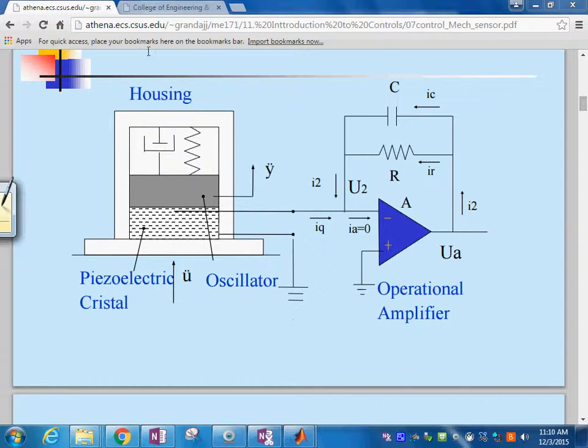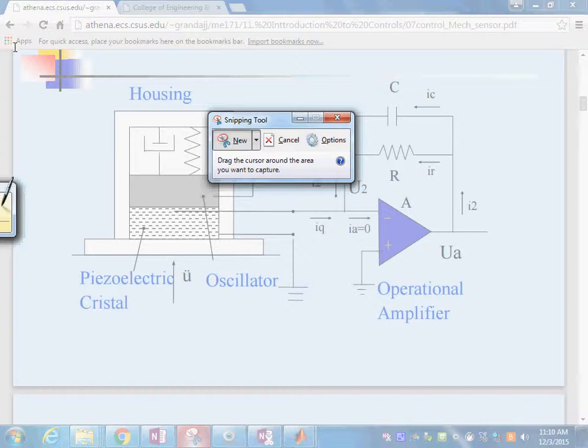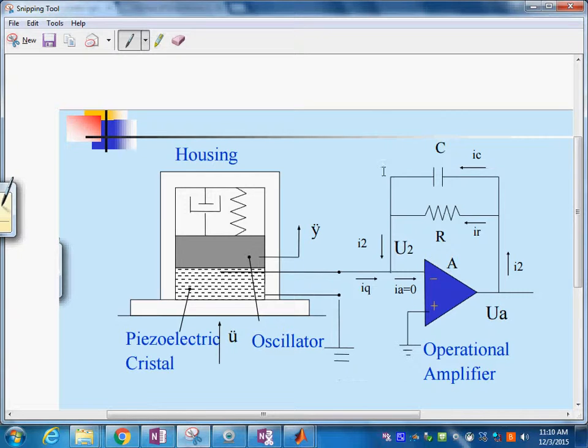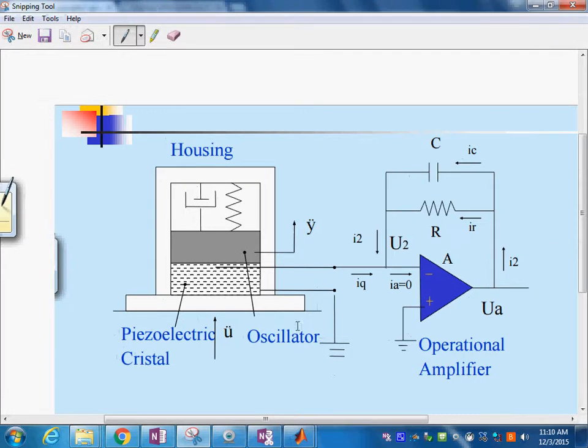Let's just start simple here. Over here we have an input, and on this other side we have the output.